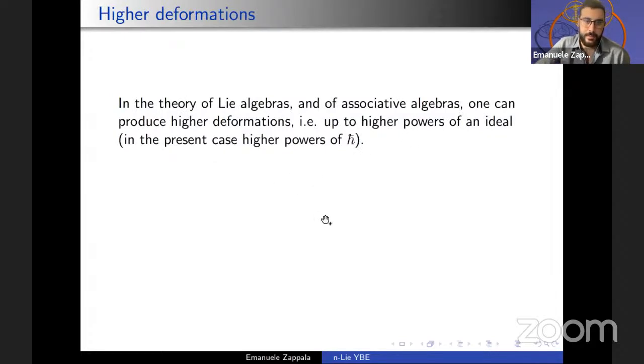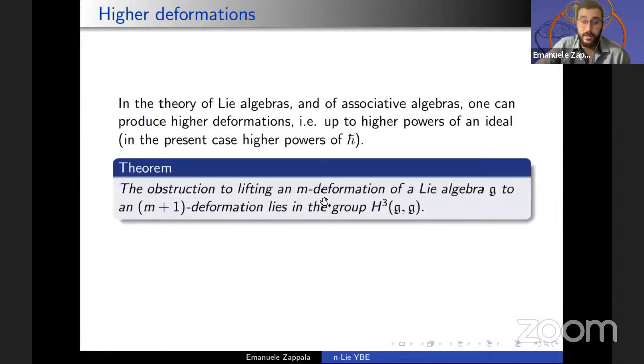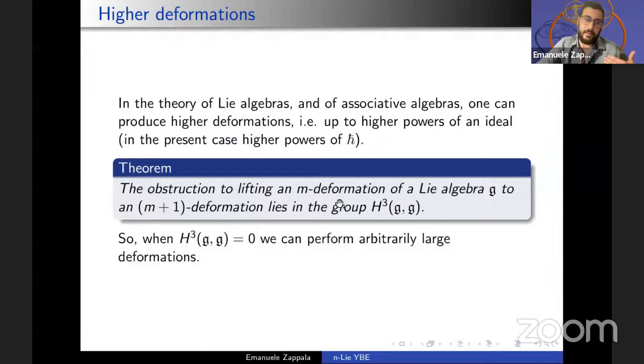So you can wonder about higher deformation. So this was the infinitesimal case. For the Lie algebra, it is very well known that the higher deformations are controlled by the third cohomology group. So if this vanishes, you can deform the Lie algebra as much as you want. And in fact, one of the obstructions is the Massey bracket. For instance, in a discussion with Jim Stasheff a while ago, he was asking me what happens in this case.